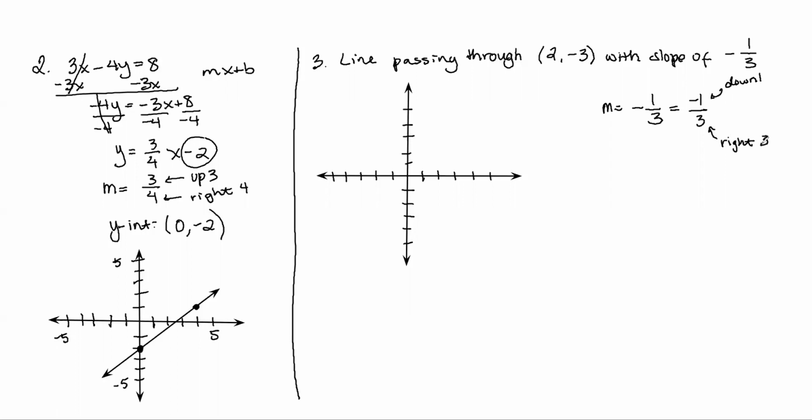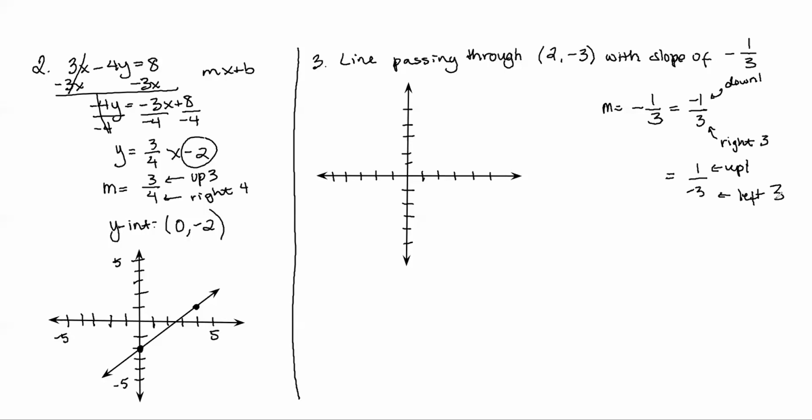And a really common mistake here is going down and to the left. That would be a negative and a negative, which we don't want. Or you could put it as 1/3, which says to go up 1 to the left 3. And so these look like completely different things, but we'll graph it both ways and show you that they do end up on the same line.